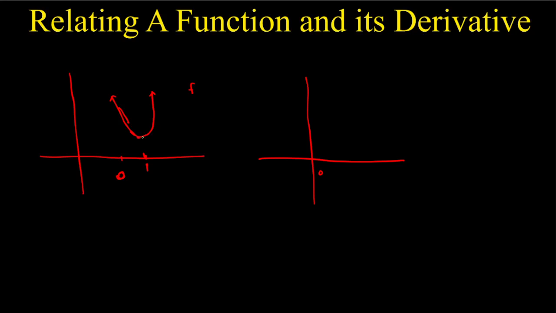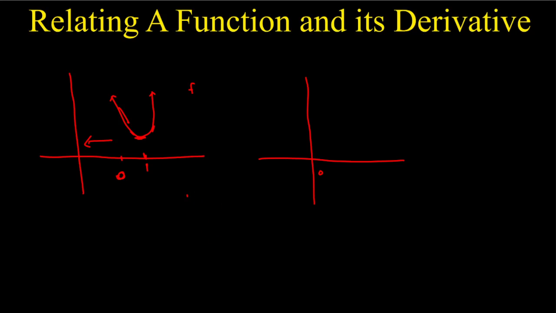And it eventually becomes 0 at point 1, and then it starts increasing again. So that sort of tells me that my derivative at first is negative, right? And as I go away from 0 towards the negative side, it's more and more negative. It's decreasing faster and faster because it's a parabola, right? Parabolas, as we go away from the vertex, get steeper and steeper. It's like a U shape.